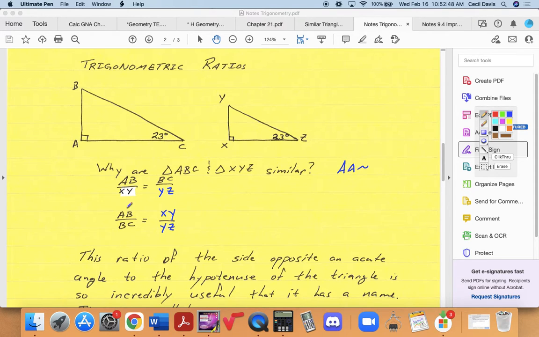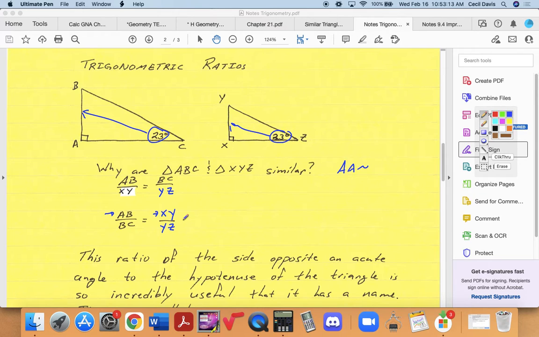So notice that in both of these, where are AB and XY in relationship to the 23-degree angle? They are opposite it. They're all the way across the triangle from it. And what are BC and YZ in their respective triangles?